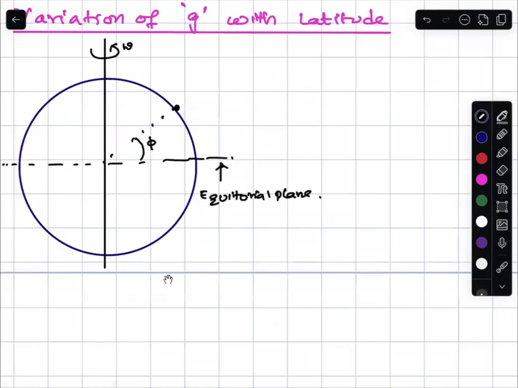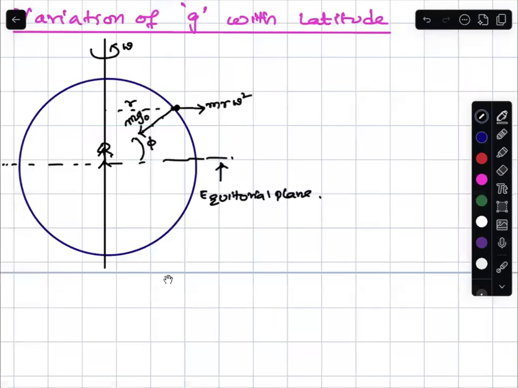Now, who am I? An observer attached to the reference frame of the Earth. When I am observing this particular object on the surface of the Earth at that latitude position, I will see that it experiences two forces. One is the natural m g naught. The other force is, at this point, if the radius is r, m r omega square.